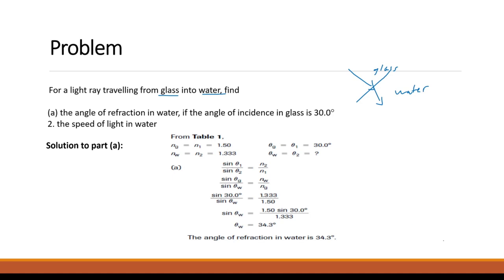And so we have our angle of incidence, which is going to be theta I, or in this case, since glass is the first medium, we can say theta 1, theta I, theta G for glass is 30 degrees. And so we want to find the angle of refraction in water. So let's say that is theta 2 or theta in water.